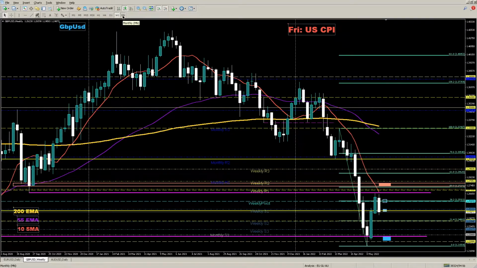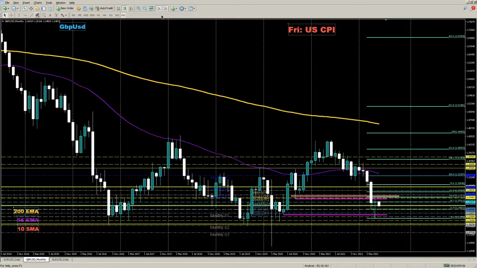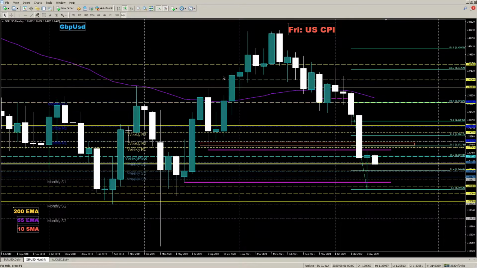Let's also take a look at the monthly time frame for the cable, and it's long-legged, almost a doji. So it's going to consolidate and likely to consolidate within these zones here.